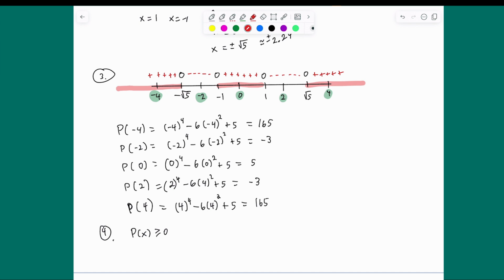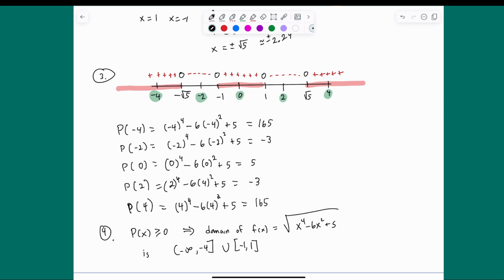Keep in mind that this inequality implies that the domain of the function f of x equal to the square root of x to the fourth minus 6x squared plus 5 is the interval negative infinity to negative root 5, closed bracket, union, closed bracket negative 1 to 1, closed bracket, union, closed bracket root 5 to positive infinity.